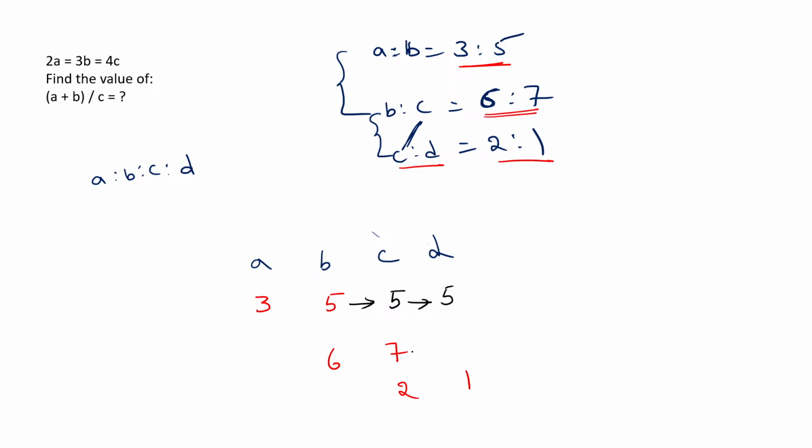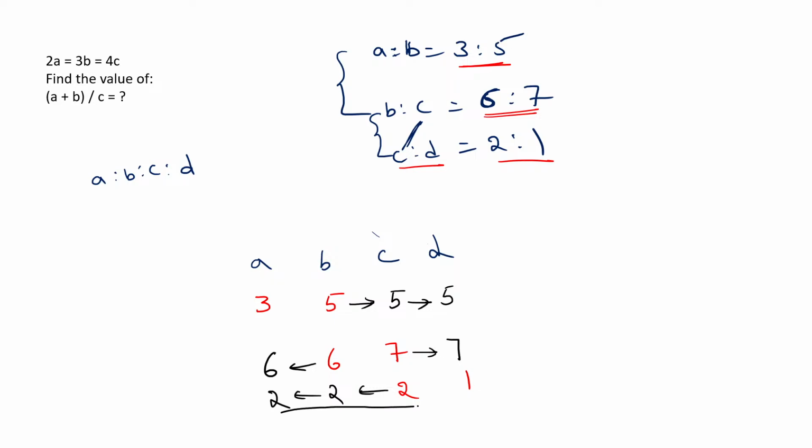But for the blank here, what is the immediate number? 7. For the blank here, the immediate number is 6. For the blank here 2, and again here 2. So whatever number you have immediately to the left or right, you just need to copy that number to the previous or next place.